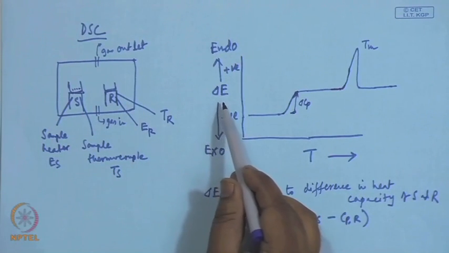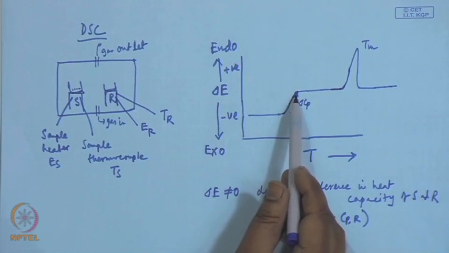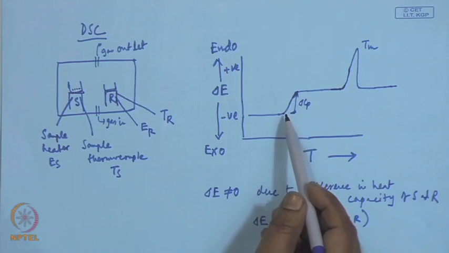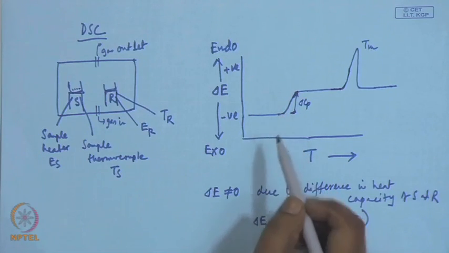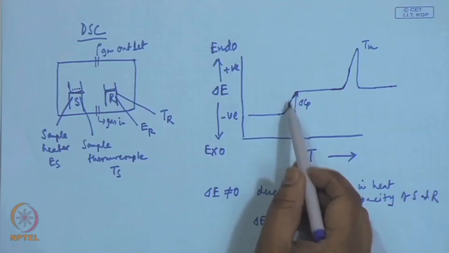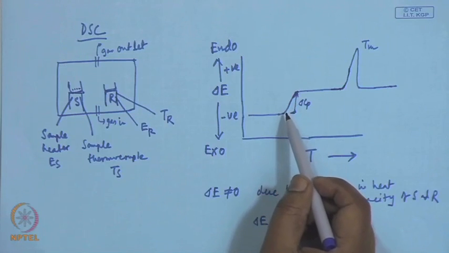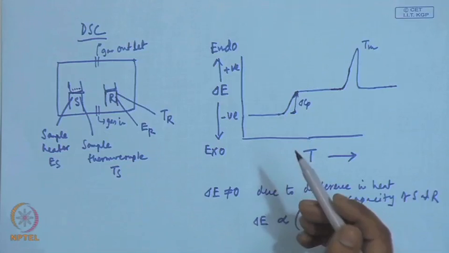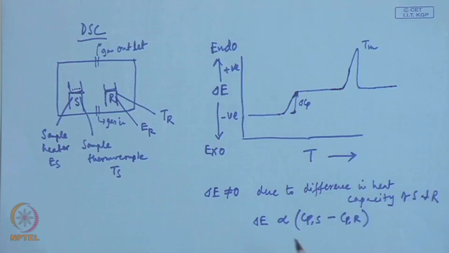will require more heat to maintain the temperature, and ideally this should be a sharp increase here, but as all of us know, a polymer sample consists of many chains of different lengths. So, the Tg corresponding to each chain is different.